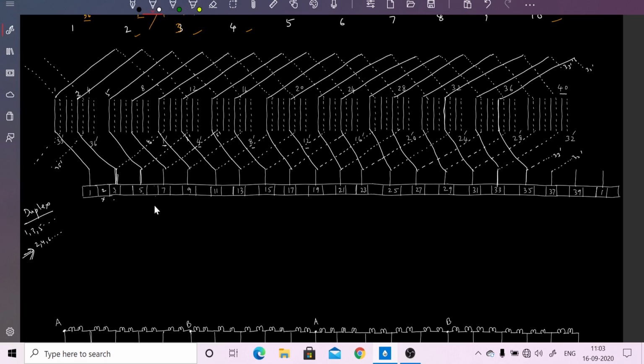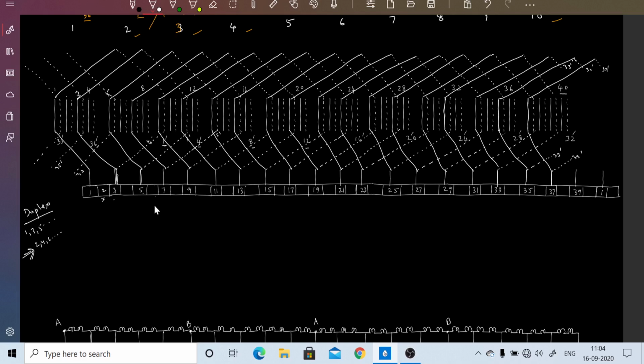It is coming from 35, connected to the 37th segment. Then the 37th coil, this is the 37th upper coil side, connected to 37, and this will go to 37 dash. So 37 dash is here in the beginning, after 36, so 37 dash will be connected to 37 like this.